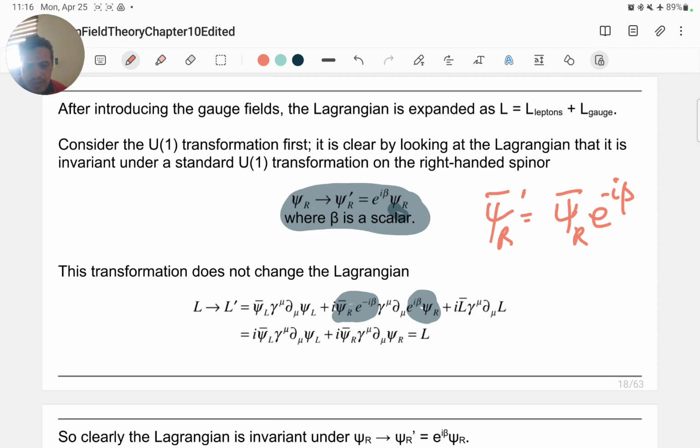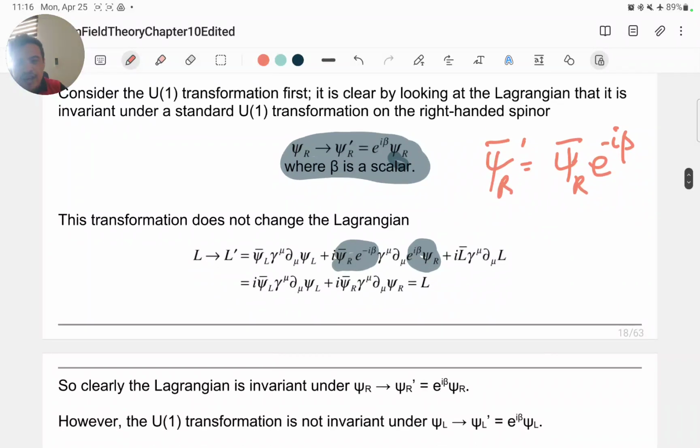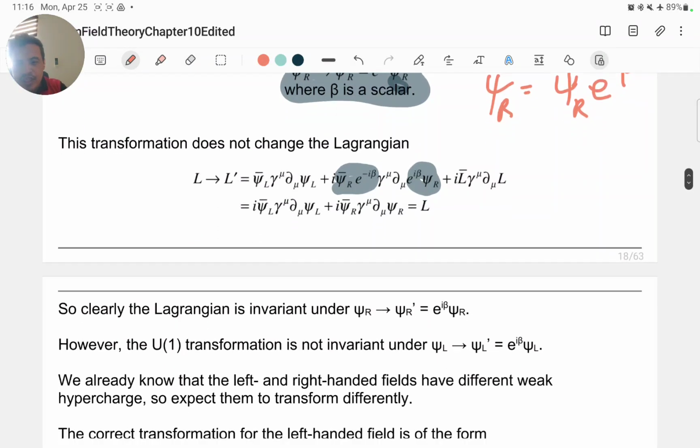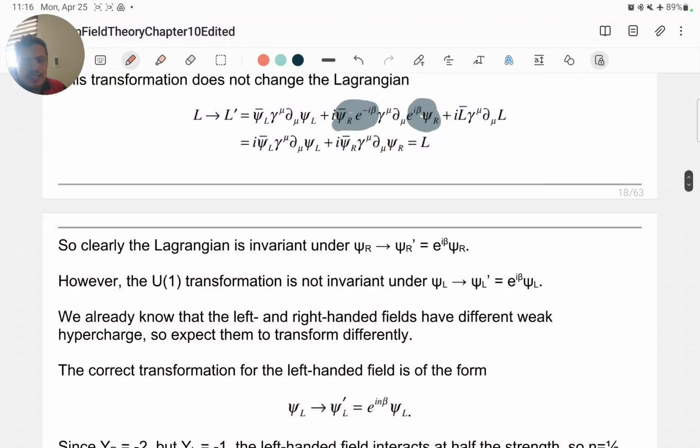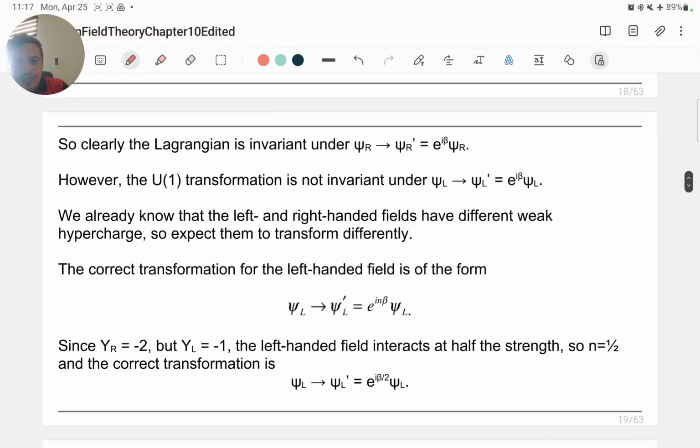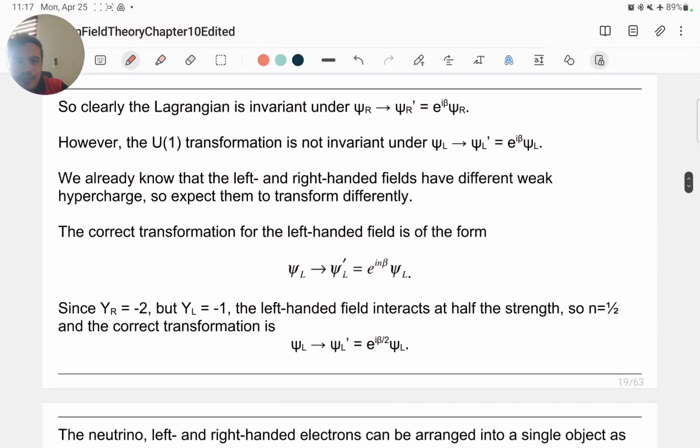So your L prime is just equal to your original Lagrangian after the transformation. So clearly the Lagrangian is invariant under the transformation of the right-handed leptons.